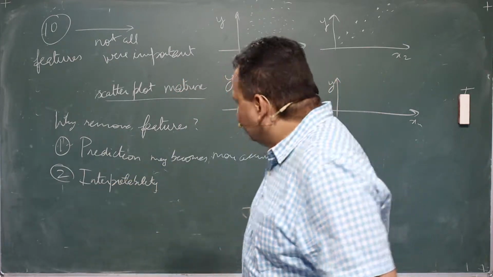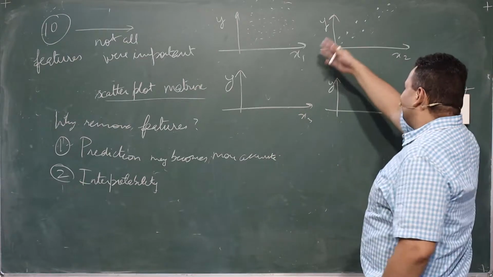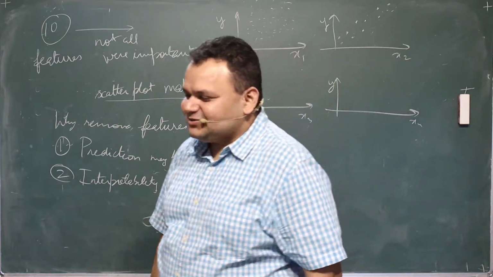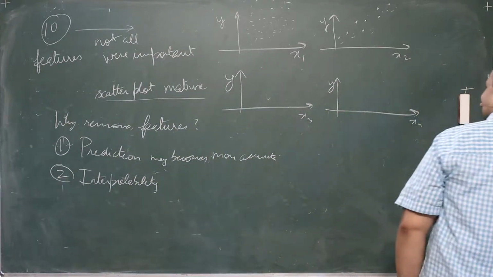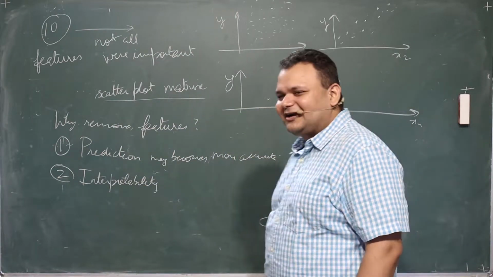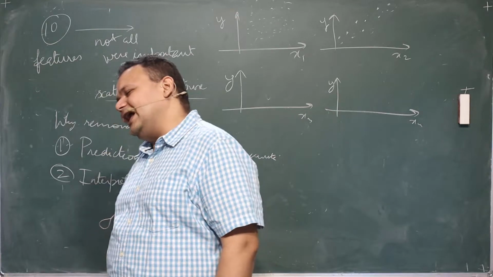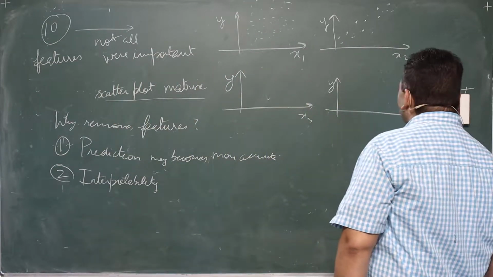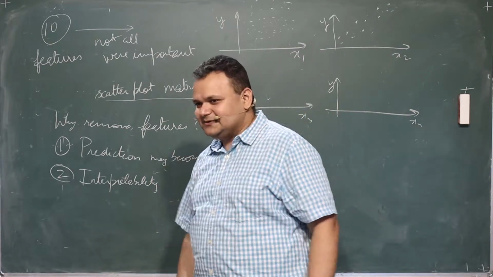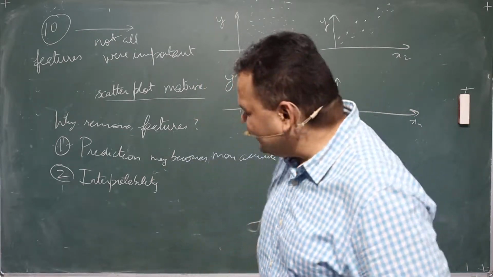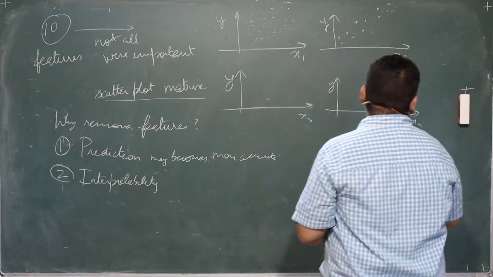Obviously manually you can do these things, but your life is going to be very hard if you have hundreds of features and you want to reduce the number of features for either of these two reasons. So we have to come up with a more systematic method.